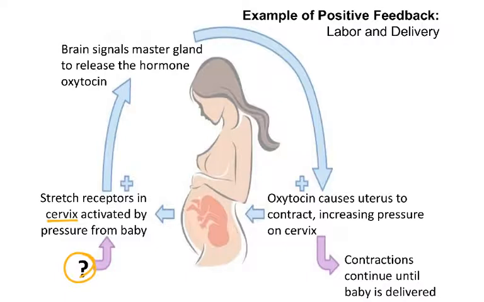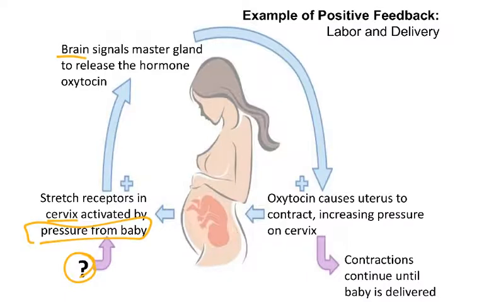So pressure from the baby would be the stimulus. Stretch receptors in the cervix are part of the afferent pathway. Those are the receptors, and that information is carried by nerves into the brain.